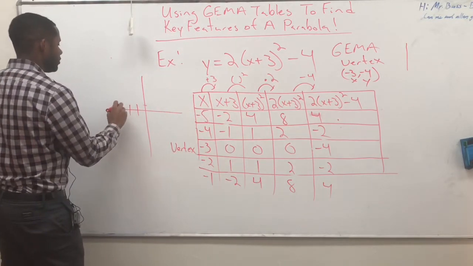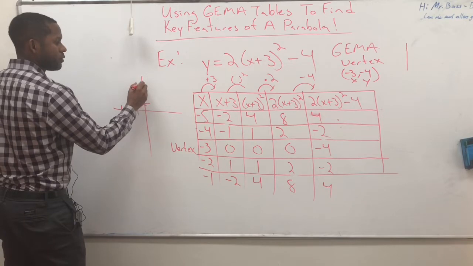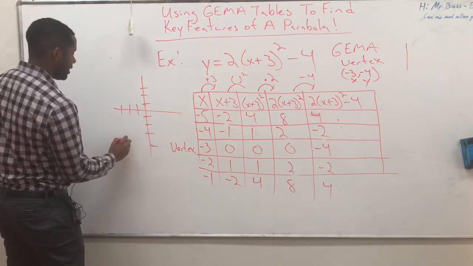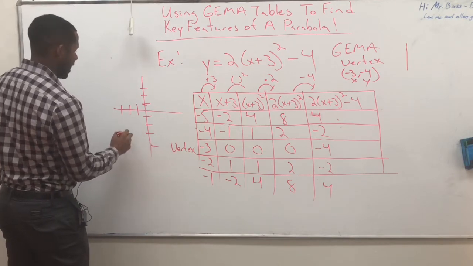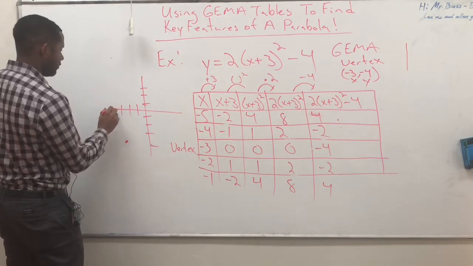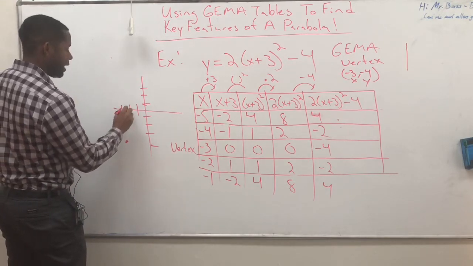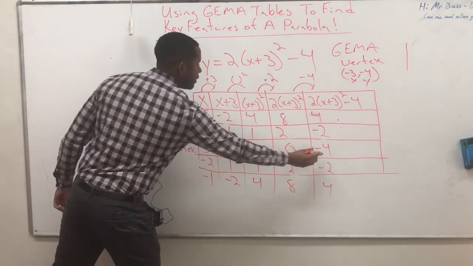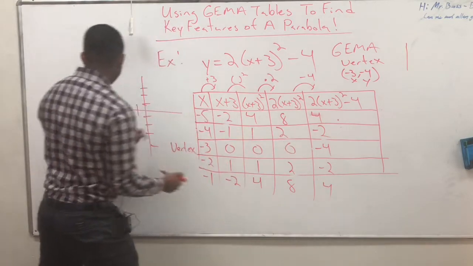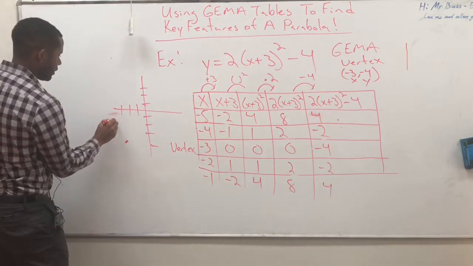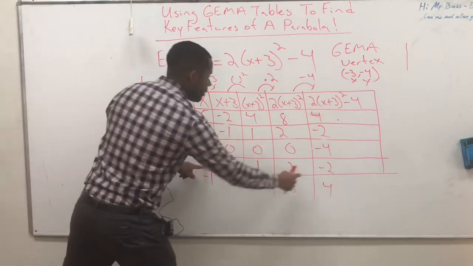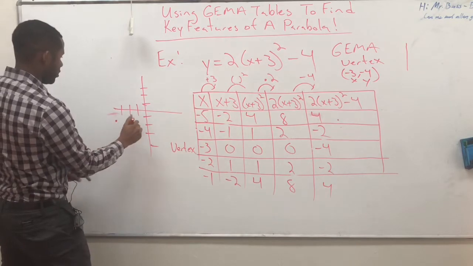At negative 4, I'm at negative 2. And at negative 2, I'm also at negative 2.